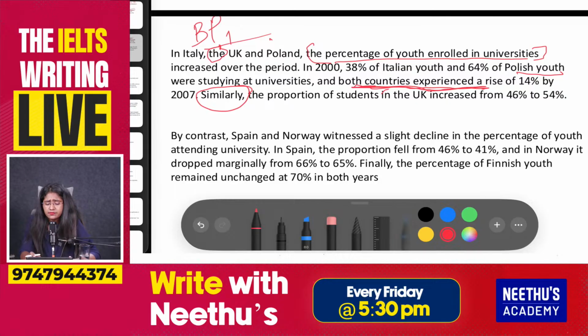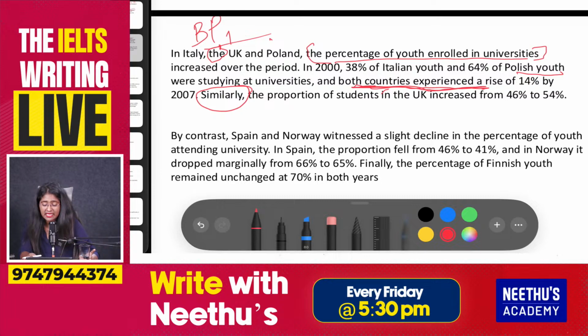In 2000, 38% of Italian youth, 64% of Polish youth were studying at universities. And both the countries experienced a rise of 14% by 2007. So Polish youth were studying in universities. They experienced a rise of.